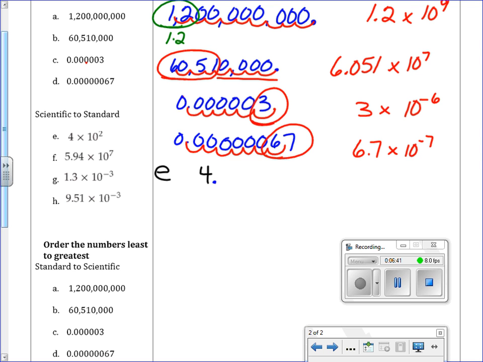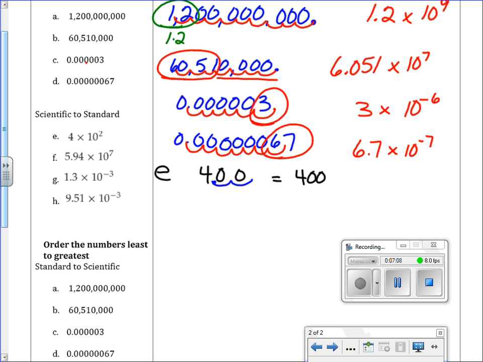Since it's a positive value, I want to make it a number greater than 1. So the decimal moves once, twice. What I've created are 2 baskets. And the one thing that the farmer likes to do is they like to put eggs in those baskets. So I'm going to put eggs in my baskets, and it's going to end up equaling 400.